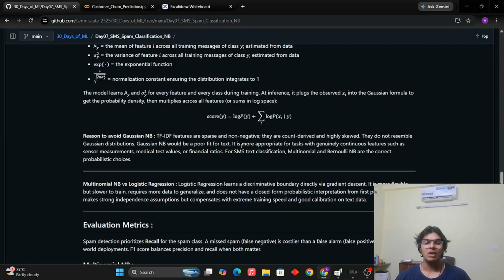Only a few values consist of good data. So they are not very close to Gaussian distributions. They are very sparse, not dense. They're non-negative, and they are based on the counting or the frequency that we have done. This type of data is always tailor-made for the multinomial naive Bayes classifier, which is why this is what we push for here.